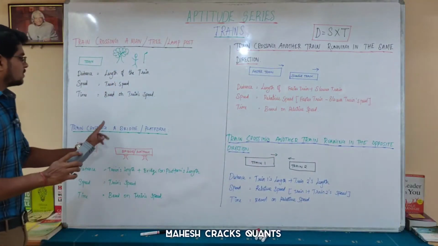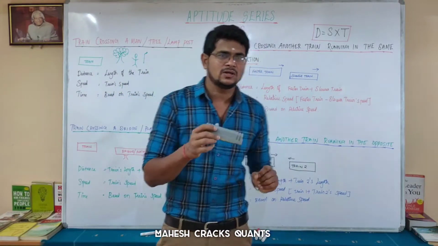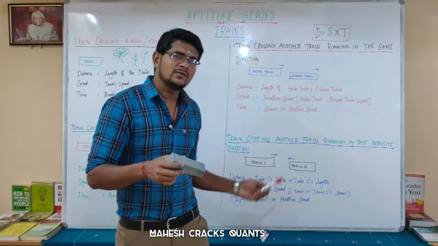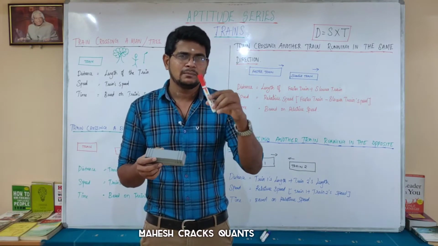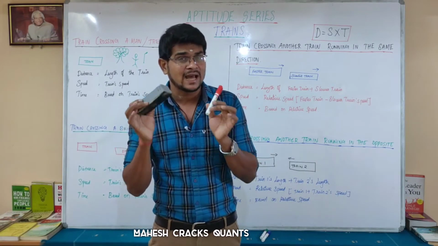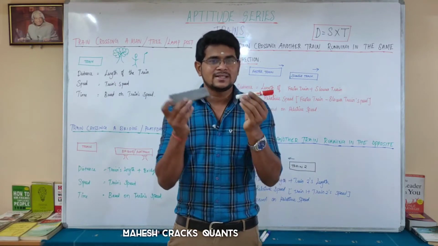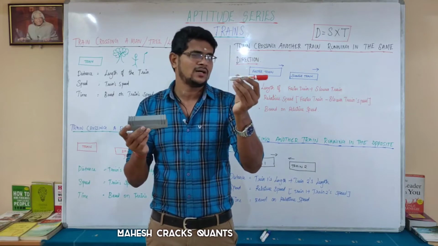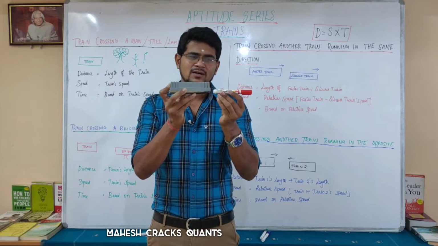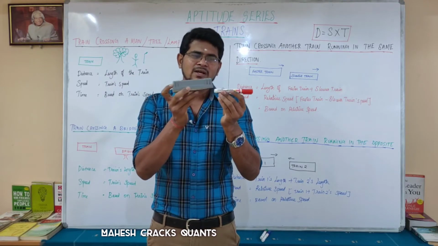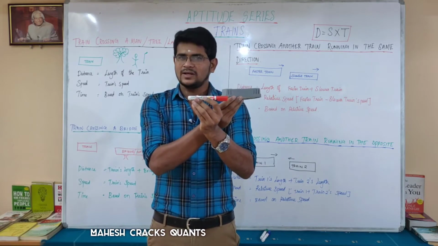Next, a train crossing a bridge or platform. Now, a train is crossing a bridge or platform. I have just replaced the man with a bridge or platform. What will happen? A bridge or platform will have a length in meters. So what is the distance covered by the train? Assume that this is a bridge or platform, and this is the train. If the train crosses the bridge or platform, it covers its own length, and after that it covers the length of the platform.